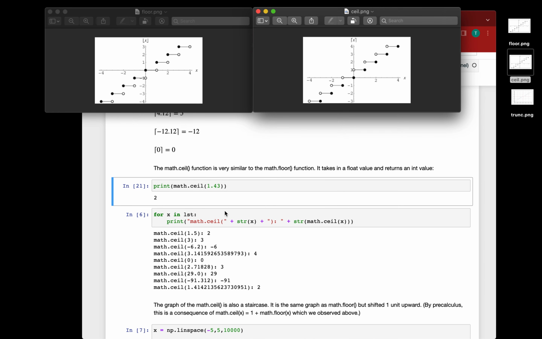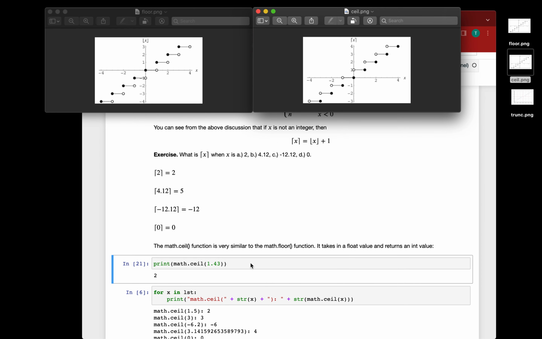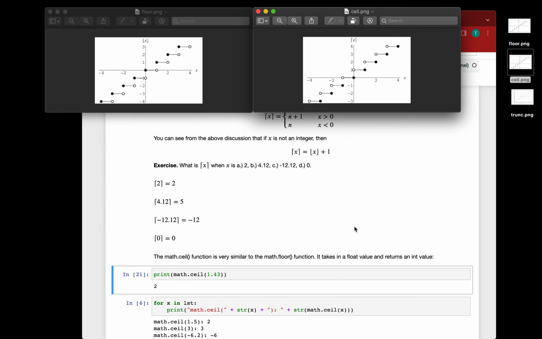Maybe you will recall from your pre-calculus class that a relation like this implies that sort of shifting relation. So if you shift this whole graph up by 1 for the non-integer points, ignoring points like 0, 1, 2, etc., then you get this graph. That's what this relation is showing.